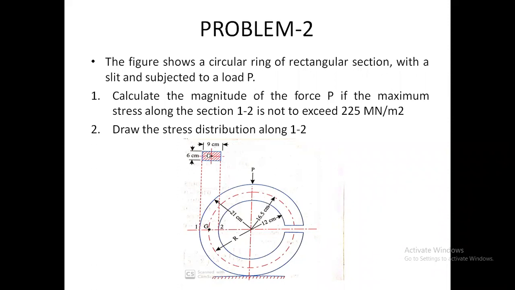The figure shows a circular ring of rectangular section. Earlier we did the same kind of problem, something like a semicircle, for a circular cross section. Now we will do it for a rectangular cross section with a slit and subjected to load P. Calculate the magnitude of the force P if the maximum stress along the section 1, 2 is not to exceed 225 meganewton per meter square.